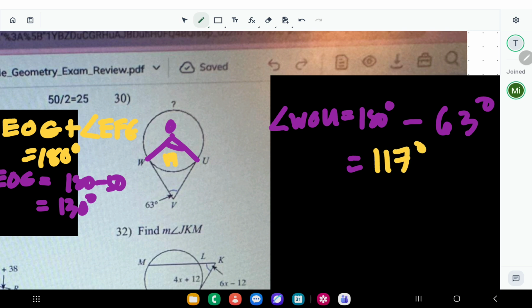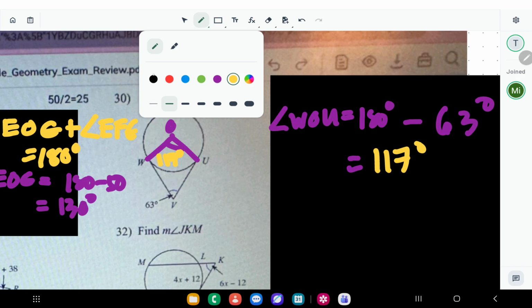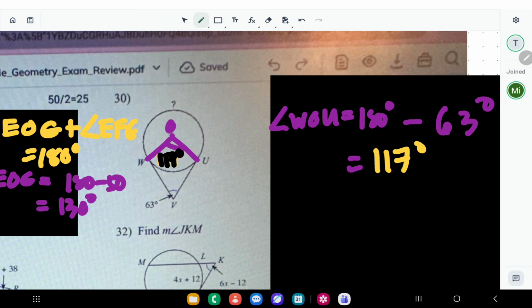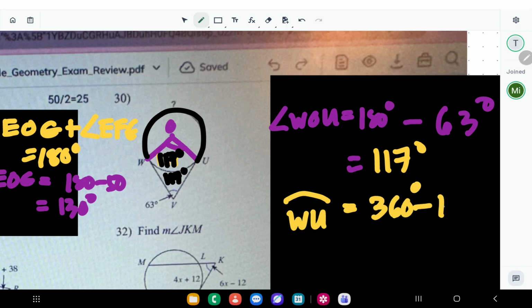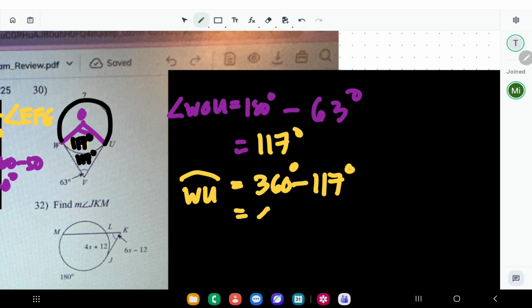So the intercepted arc is also 117. But we are asked for this arc WU. So arc WU is equal to 360 degrees minus 117. What is 360 minus 117? Yes, so that arc is 243 degrees.